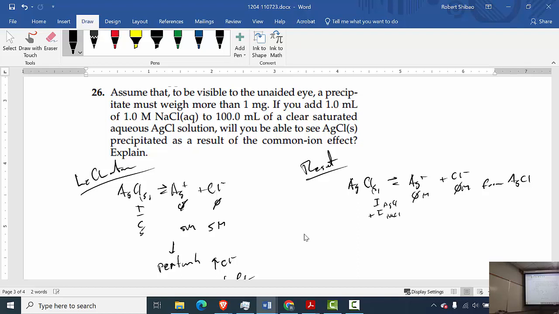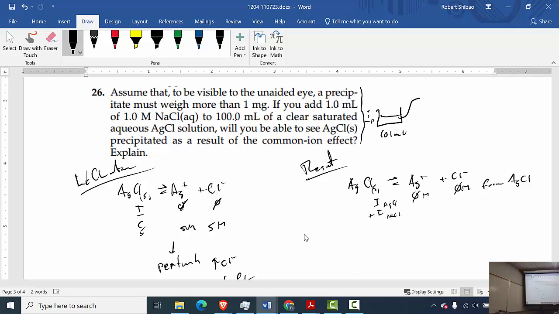And then I'm going to add the NaCl to this. The NaCl is I'm adding 1 milliliter to 100 milliliters. What do I have to do when I'm adding solutions? I have to do solution dilution because the total volume is going to be 101 milliliters. And so this is my step I I'm going to do right now.